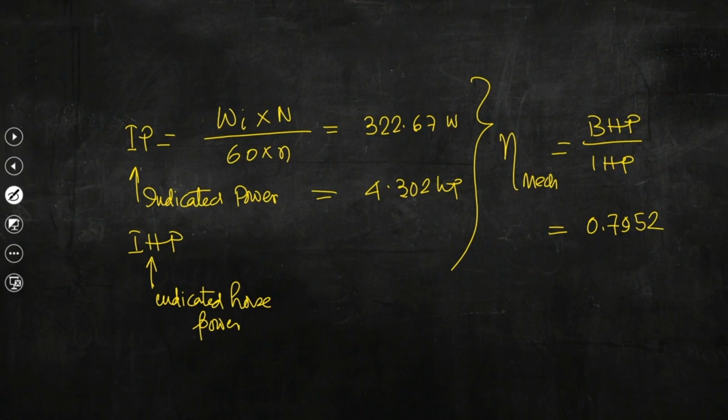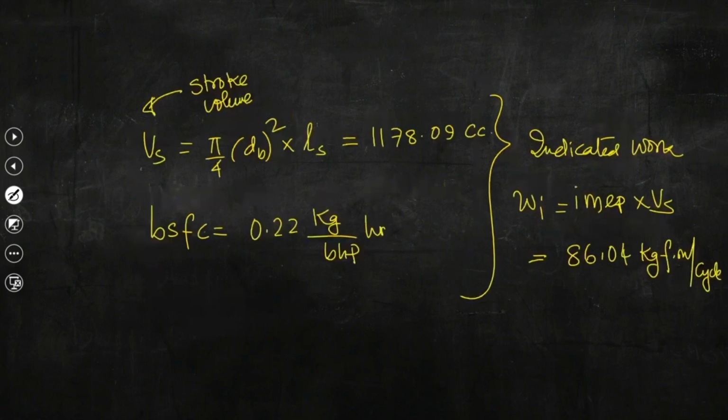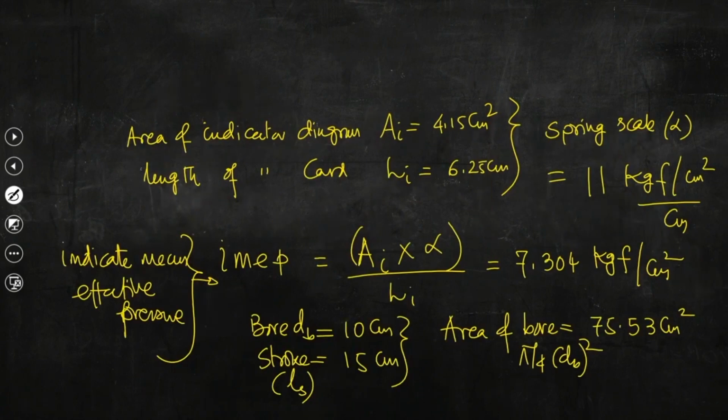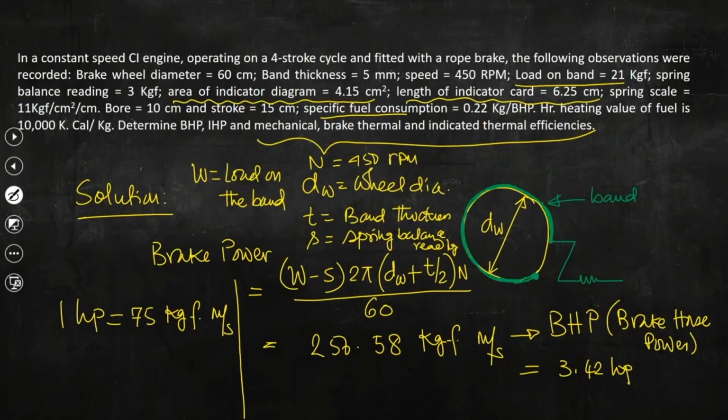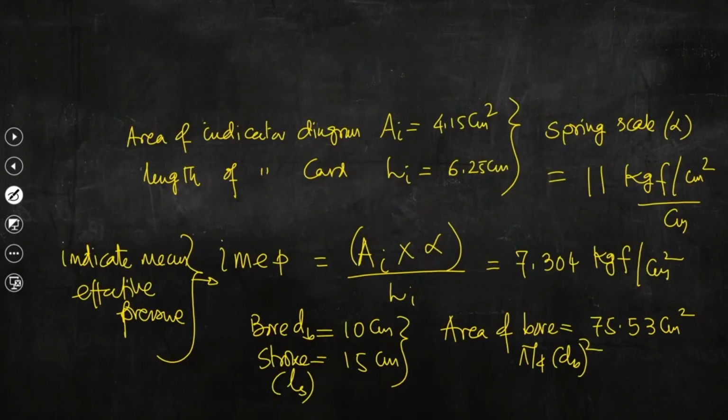We have calculated indicated horsepower 4.302 horsepower, and brake horsepower, from the previous slide, is 3.42 HP. Definitely indicated horsepower is higher, and a certain amount of indicated power will be used to overcome the frictional loss.